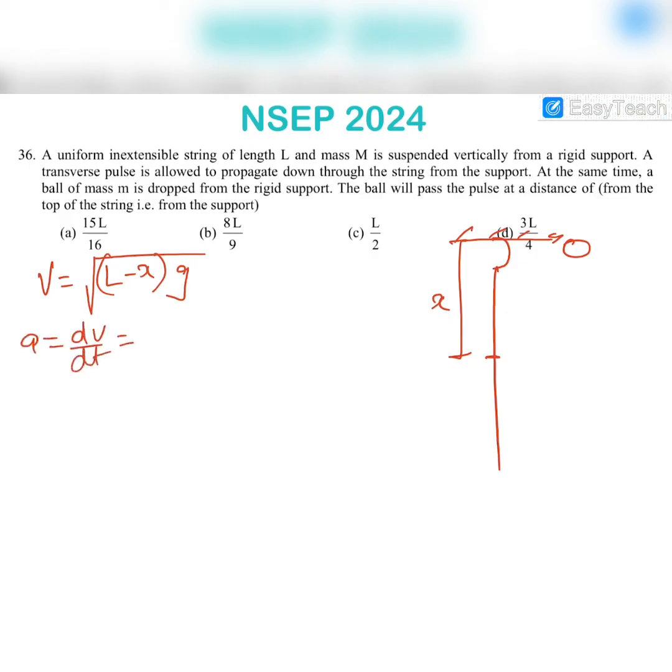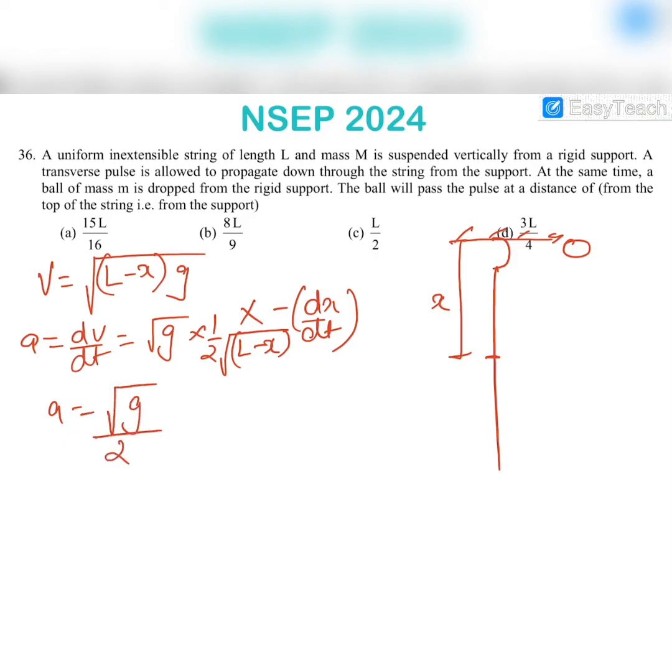So dv by dt will be root of g into 1 by 2 under root of L minus x into minus of dx by dt, and a will be equal to under root of g by 2 into 1 over root of L minus x, and multiply by dx by dt, which is velocity v, and there is a negative sign.